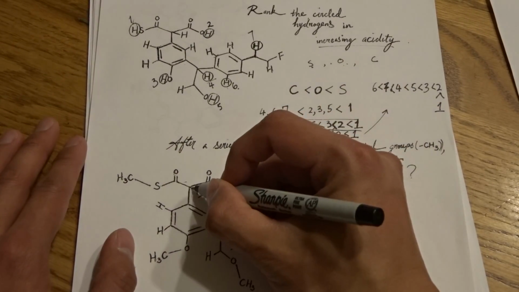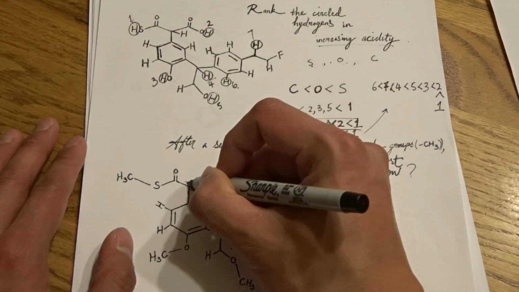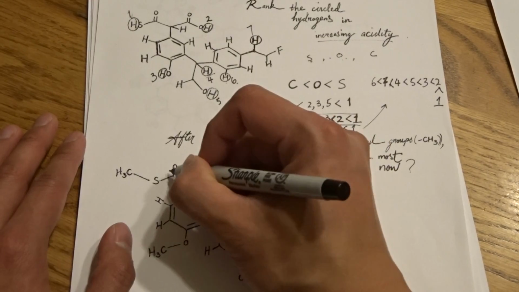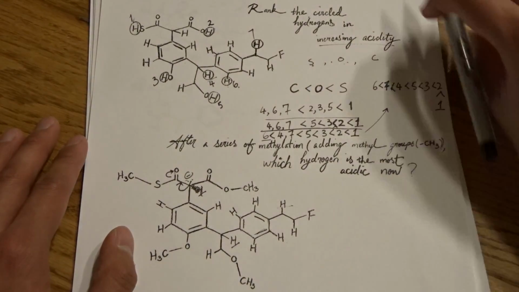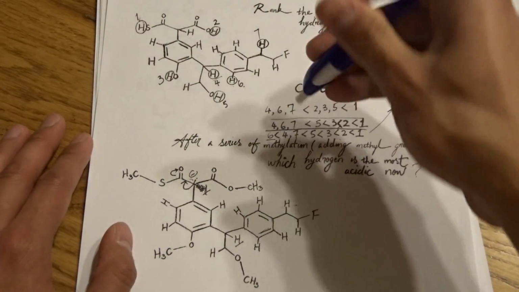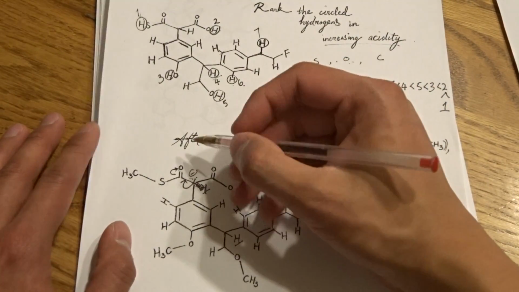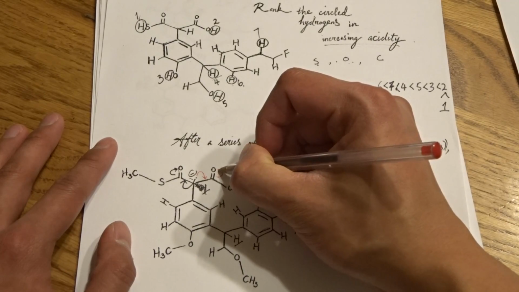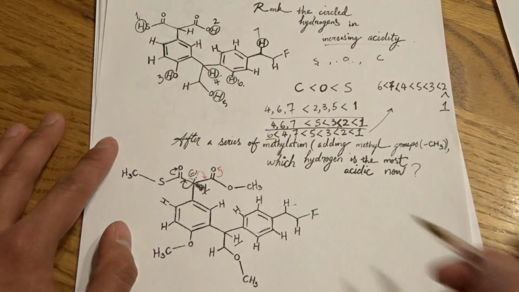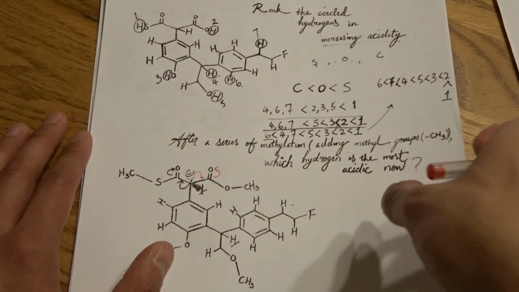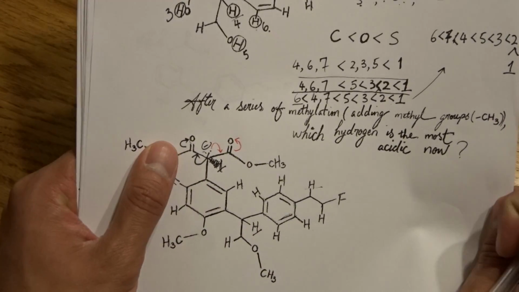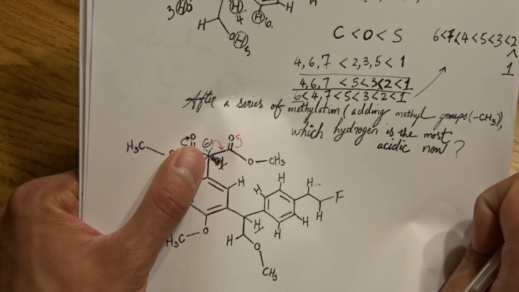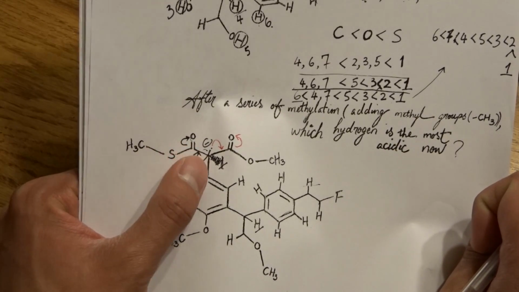Can you see? So if we pull this off, we have this negative charge here, and then you can resonate up here. That's one. And then I am going to use a different color. I'll use red. And then this is also a second path for it to go up. So 2 oxygen atoms would hold the negative charge at the end. I mean, separately, not at the same time.